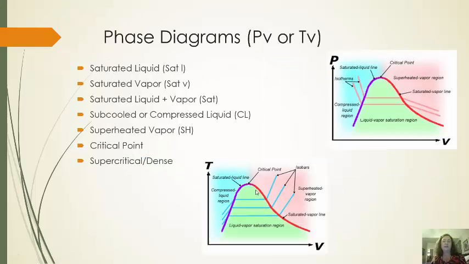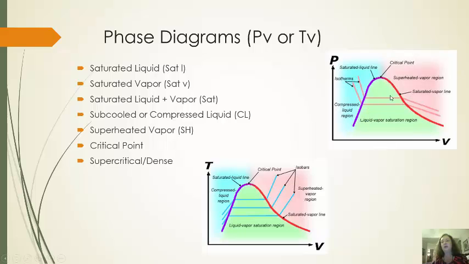We also can look at how pressure or temperature change with volume. And here what we're going to see is the characteristic shape is that saturated liquid forms a curve. Saturated vapor forms a different curve. They meet at the critical point. Again, that's the highest place where the liquid and the vapor can be separate phases. So this is where those two curves come together.